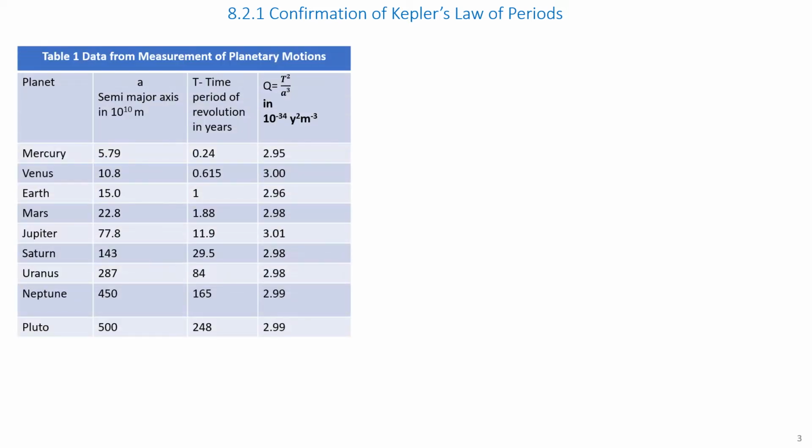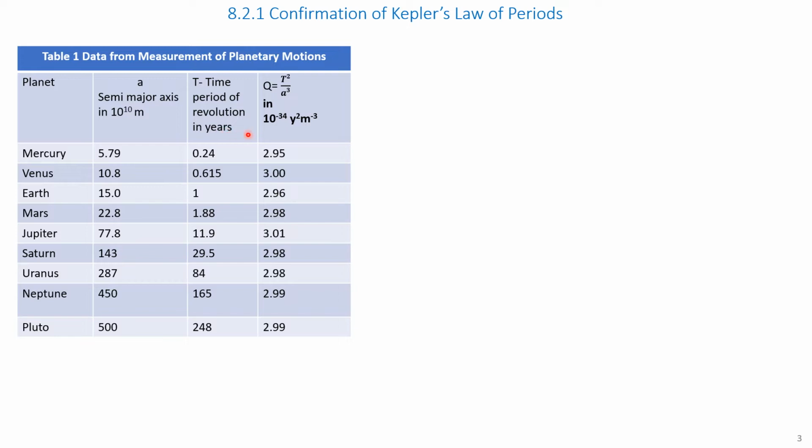Let us examine the data measured from the planetary motions, which is given in the table below. The first column lists the names of the planets, and the second column gives the value of a, the semi-major axis, in units of 10 to the power of 10 meters. The third column lists the time period of revolution of the respective planets in years.